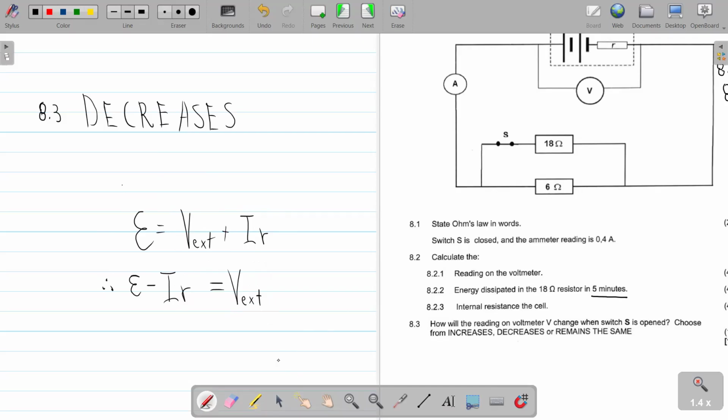Now, V external, this is the reading on the voltmeter. Okay, that they're asking. So if the total resistance goes up, means the current will go down. The current here will go down. Okay. If the current goes down, this will go up. If the current goes up, this will go down.